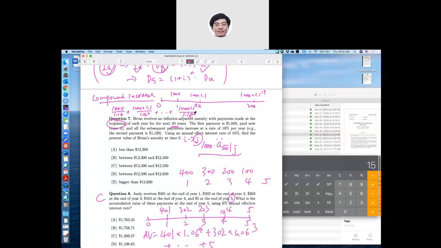How do you figure out the common ratio? Use the second one divided by the first one. So what you get is 1.1 divided by 1.16. I'm running low on space. So the 1 minus the common ratio.